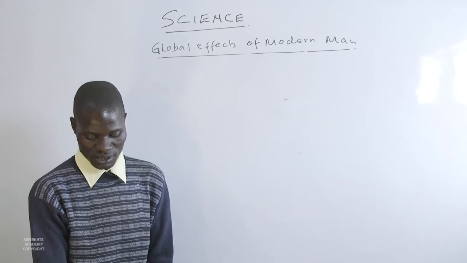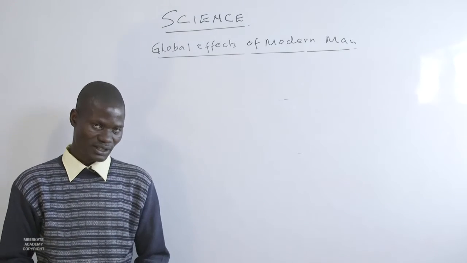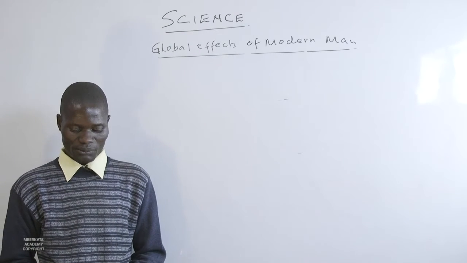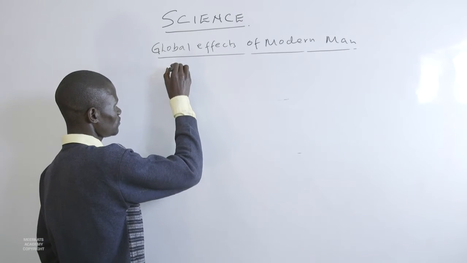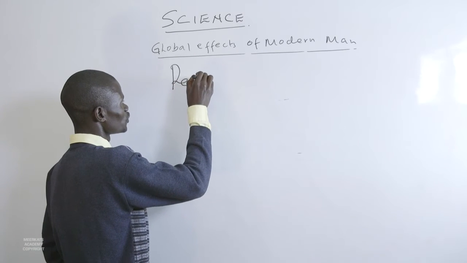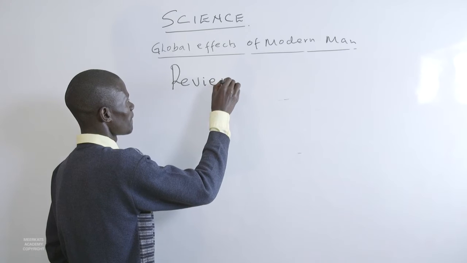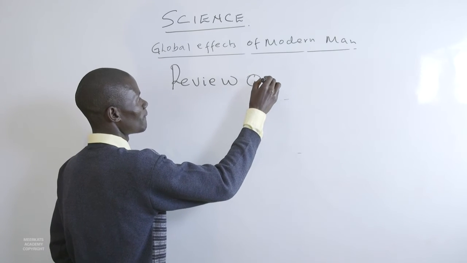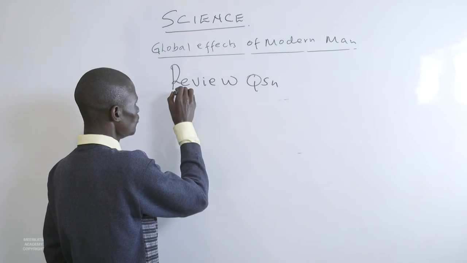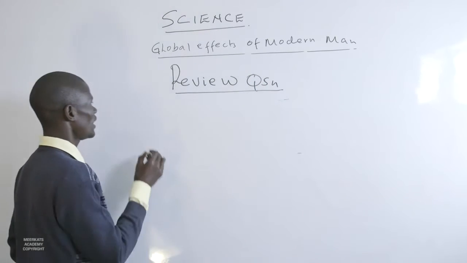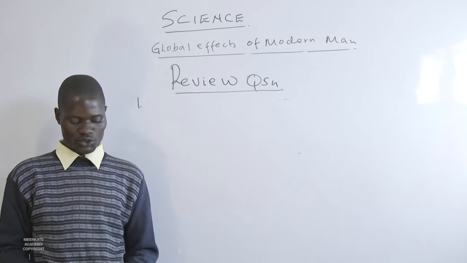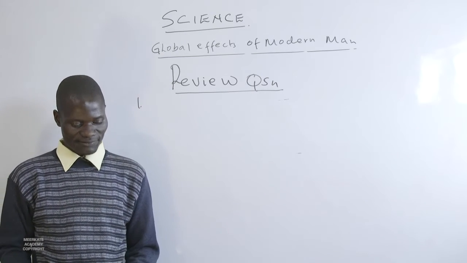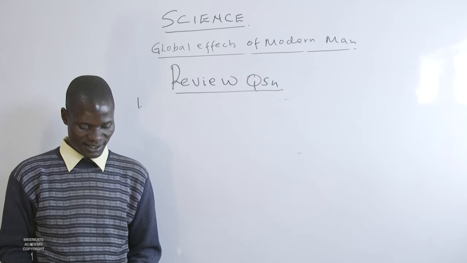That brings us almost to the end of this lesson. But now we have some review questions here. We'll have to look at them. I have around three questions for us to look at carefully and understand.